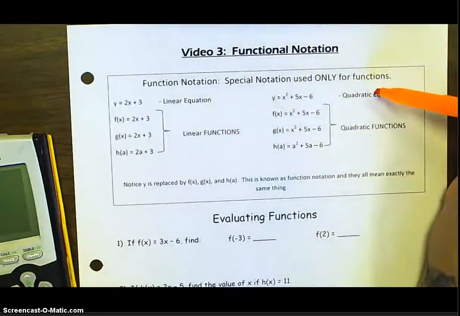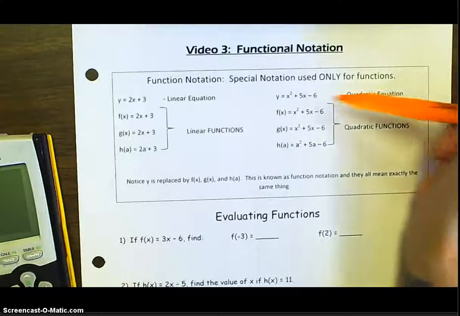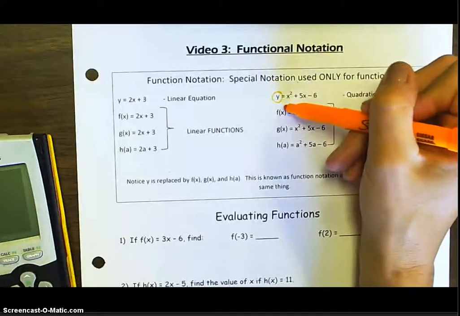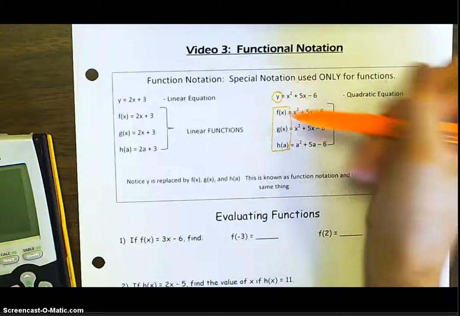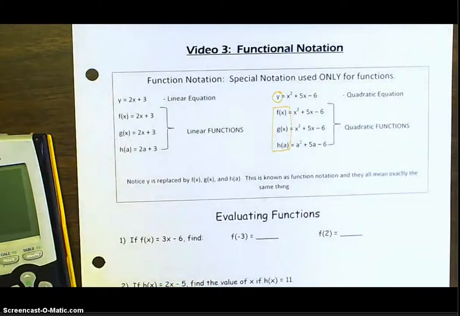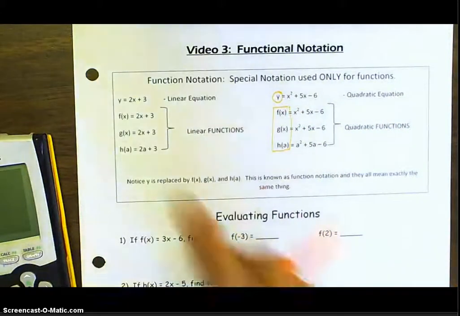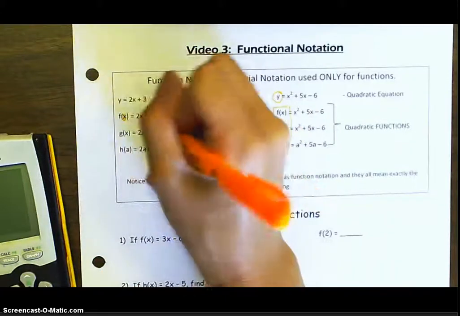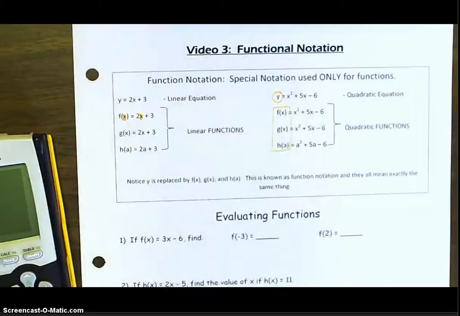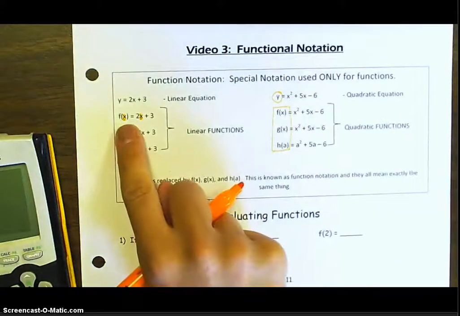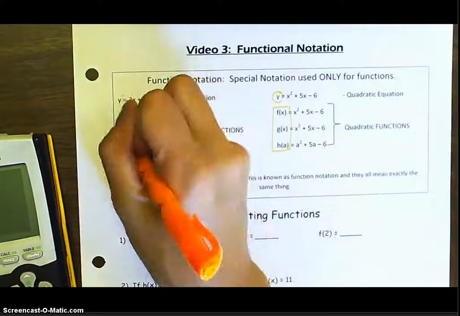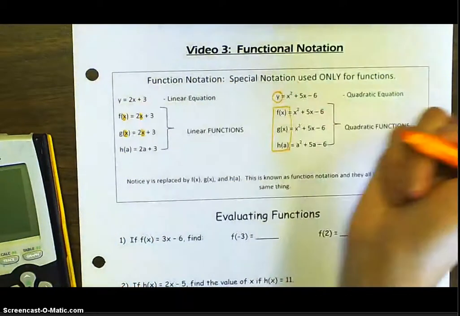We can also do this with quadratic equations where your x is being squared. We can take the y and replace it with one of our functions. Now the one thing I do want you to notice here is that the letter inside of the parentheses is the variable that's being used in the equation. So f of x equals 2x plus 3. g of x equals 2x plus 3.